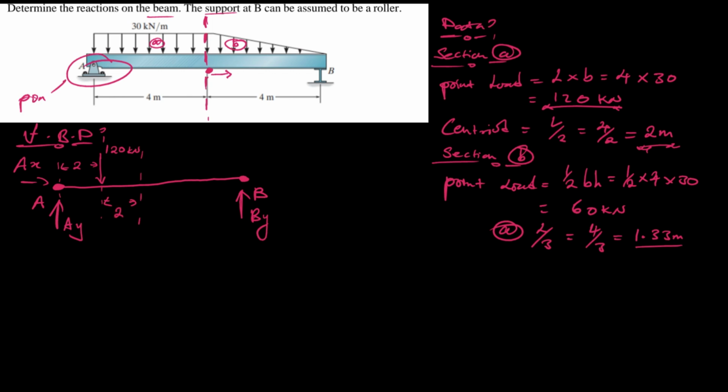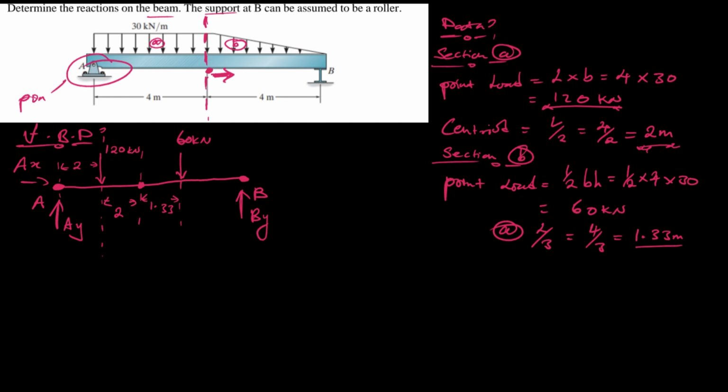Now from this point where the uniform distributed load changes its shape, we need to place the point load of section B at the dimension of 1.33 from the highest peak, which is in this direction, like I was saying earlier on. So I'm going to be positioning the 60 kilonewtons at position 1.33.